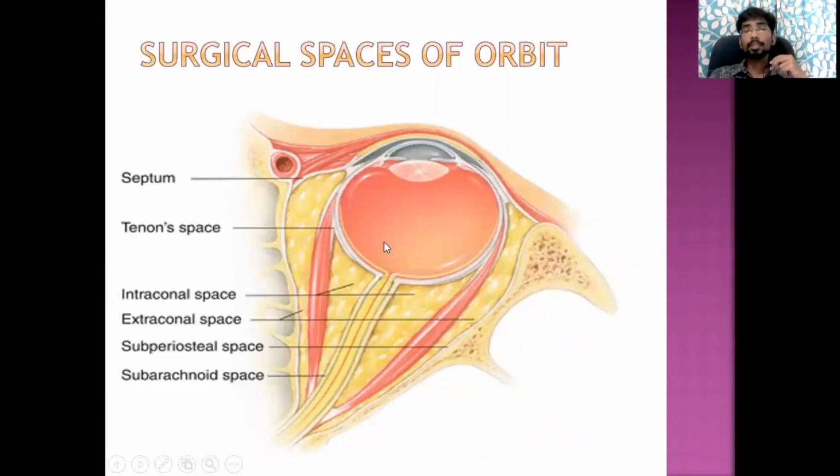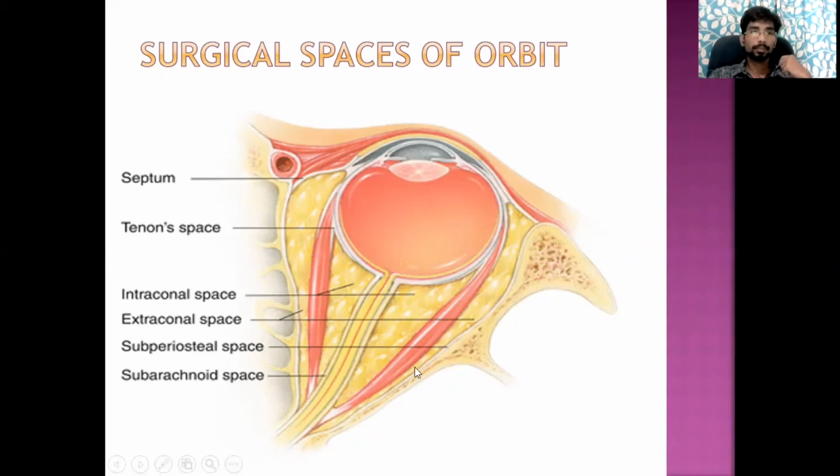Surgical spaces of the orbit. So this is the orbital septum and the anterior border, and this is Tenon's space. This is orbital bone with periosteum. These are extraocular muscles. So the subperiosteal space is below the periosteum.